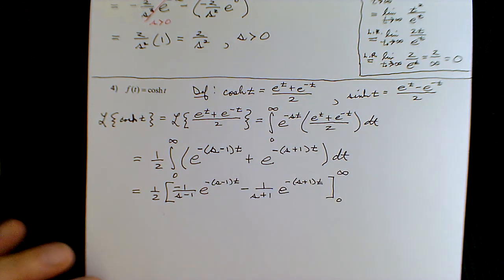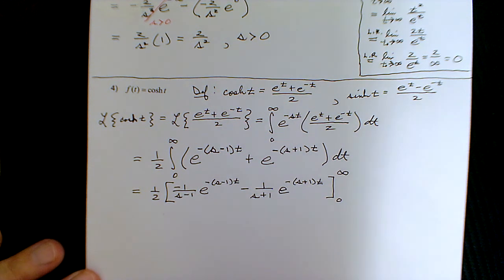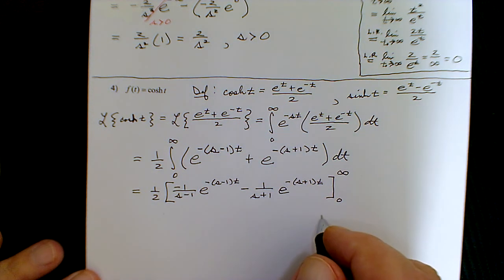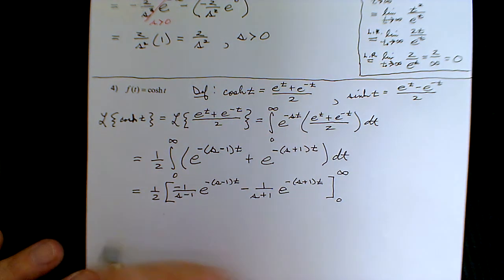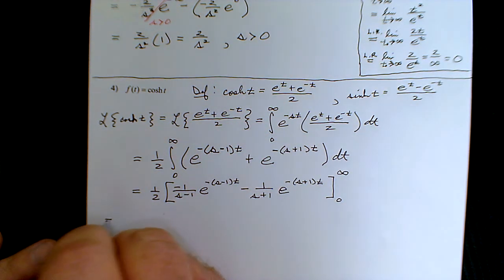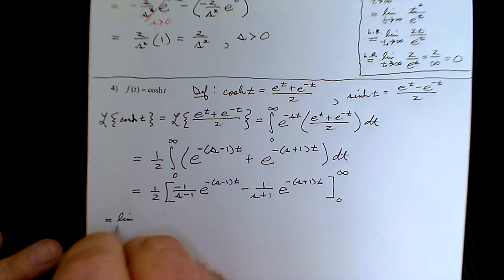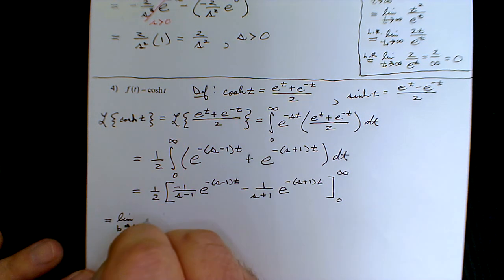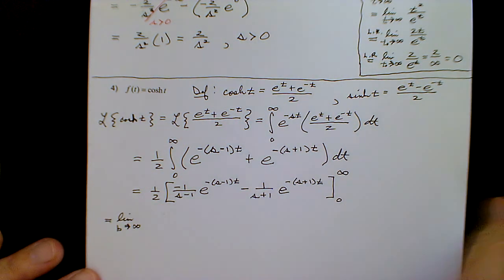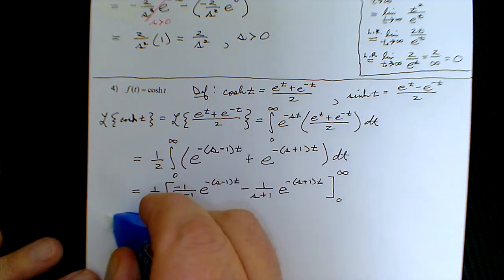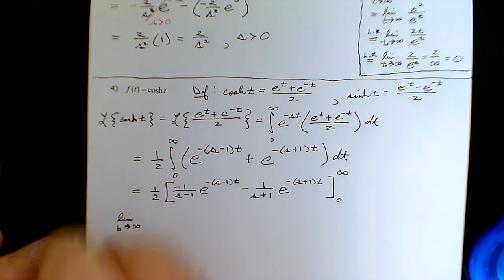So then we can introduce the limit. So we have the limit as b goes to infinity. Actually, let's put the 1/2 even out in front of that limit.